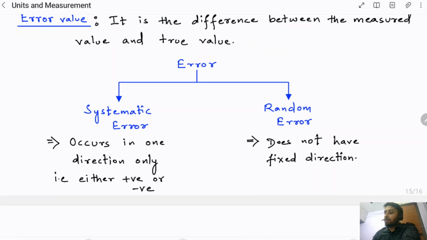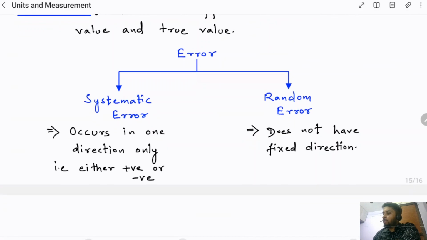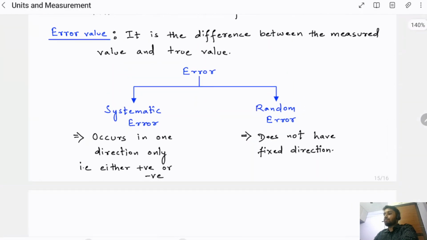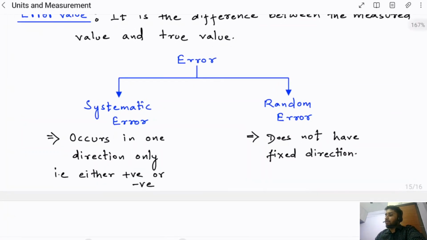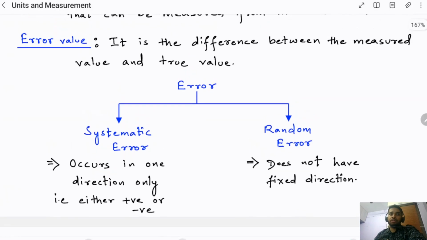Now, if we talk about some reasons or the causes of systematic error and random error, then let us see one reason for both.